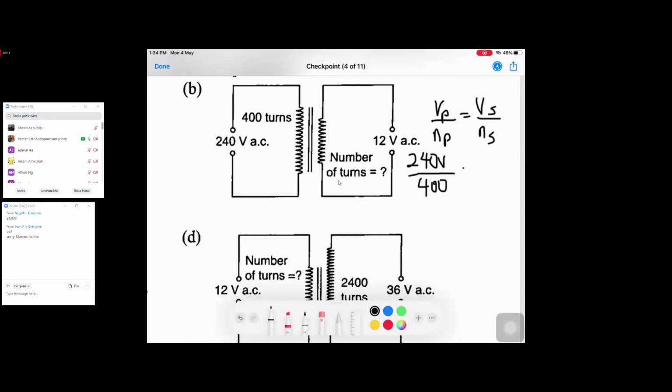Secondary voltage is 12 volt. So what is the number of turns in secondary? Everyone calculate quickly. How many do we get, guys? 20. All got 20?